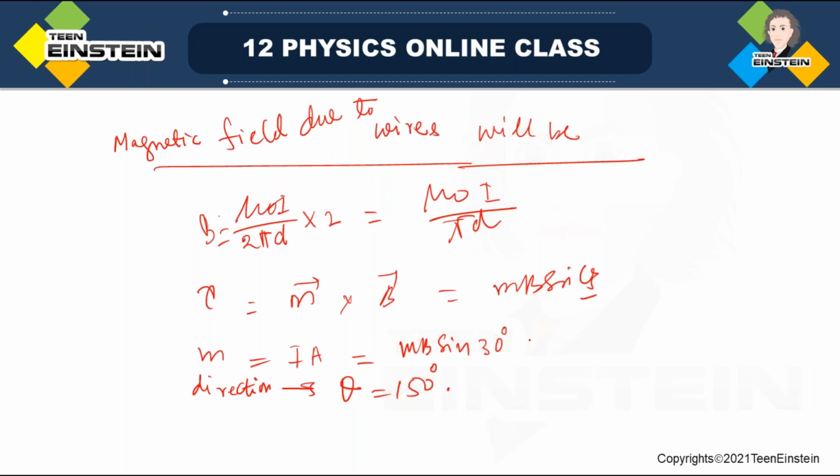The torque is mb, m is I into A, and b is mu 0 I by pi d. Now the torque will be found out.